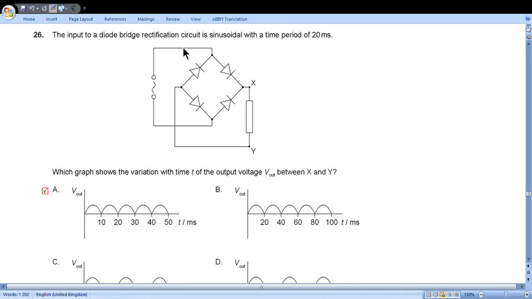So first it goes that way, and then it goes that way. Over 20 milliseconds, positive and negative becomes positive and positive, so it is choice A.